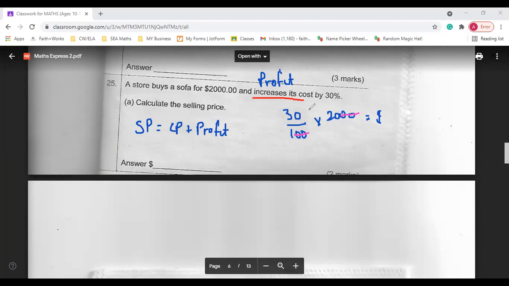So $600 is the profit. So based on the formula, we have to add the cost price 2,000 plus the profit of 600 for a total of 2,600.